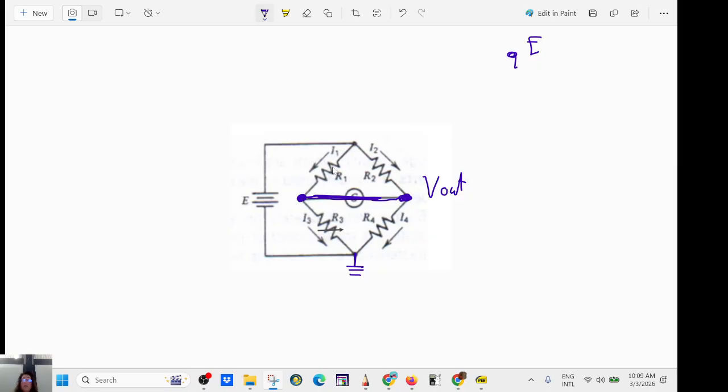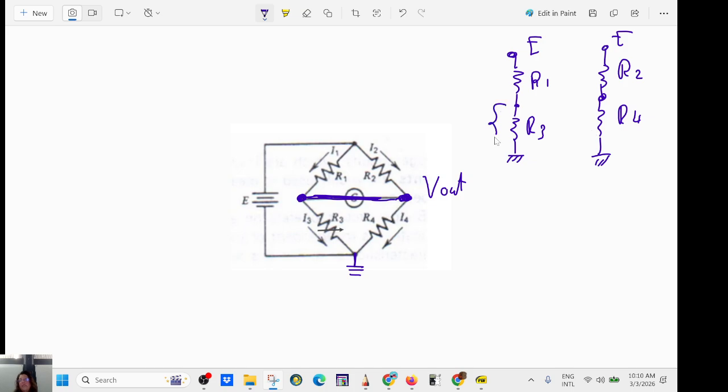I'm following this way: I have a resistance R1, I have a resistance R3, and I go to the ground. And in this branch here, I start with E, I have a resistance R2, connecting here, and then I have a resistance R4.